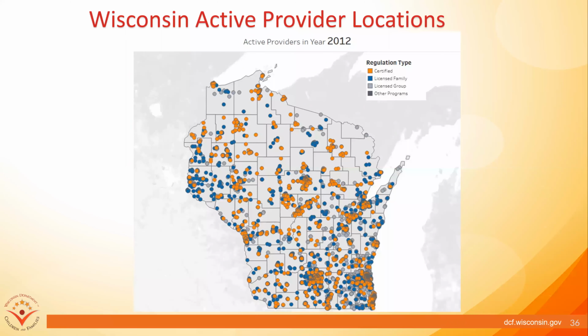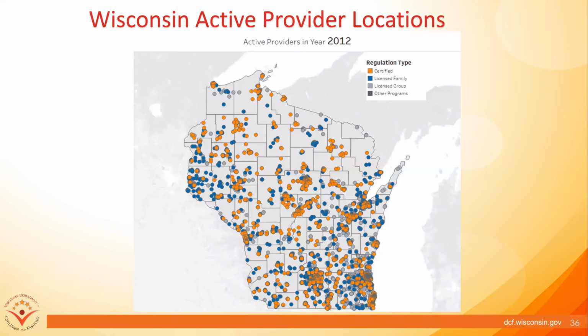The blue colored dots represent our licensed family providers who can care for up to 8 children, typically in their home. The gray colored dots are Wisconsin's licensed group providers or center-based providers who can care for more than 8 children, typically at a location other than their home. The last dark gray colored dots are other regulated providers, which include our public school programs.